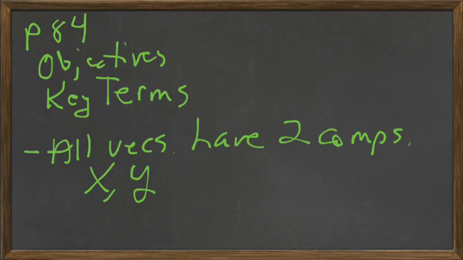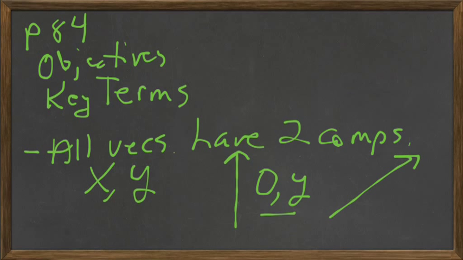So we see on page 84 the chameleon, or the lizard, who's actually climbing the tree. His vector is all in the y. So for his x, it's 0, and the y has some value. That's fine. It's still two coordinates. Your airplane had a defined x and a defined y.